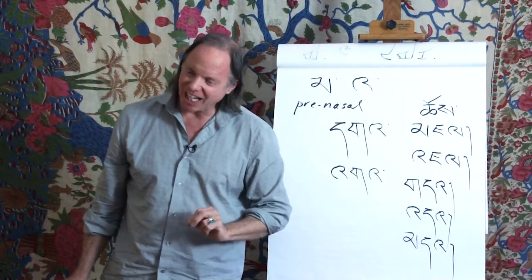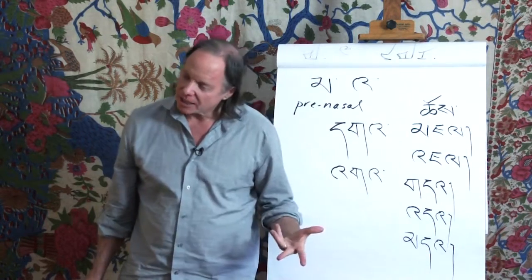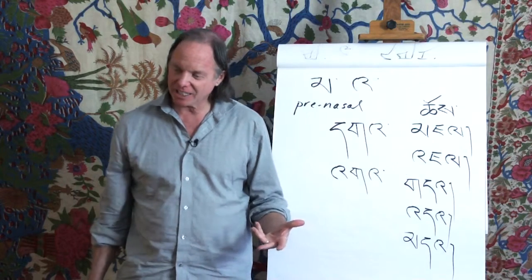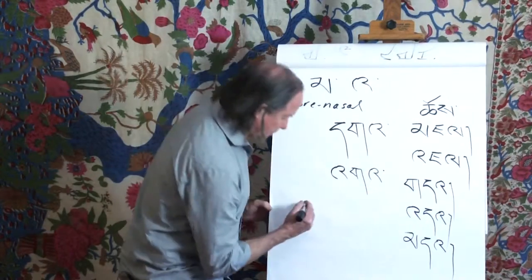Say maunda. Maunda. Nda. Now I want to show you another principle about prenasals. When there's an open vowel in the first syllable of a prenasaled second syllable, the effect of a nasal between the two is even more pronounced. So there's a nice example for this one.